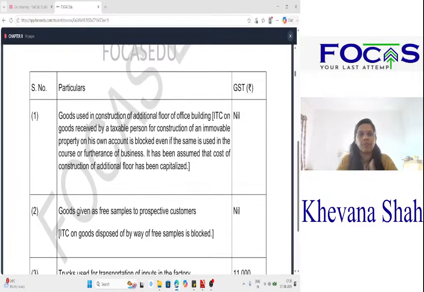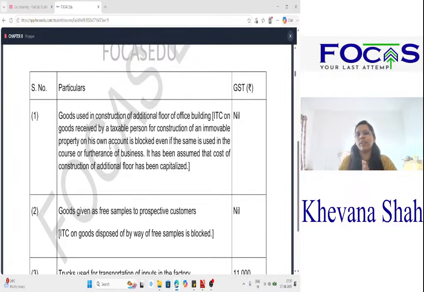Goods used in construction of additional floor of office building: ITC on goods received by a taxable person for construction of an immobile property on his own account is blocked even if the same is used in the course or furtherance of business.